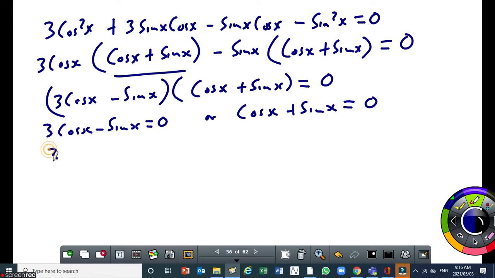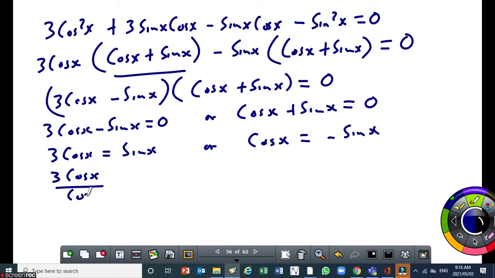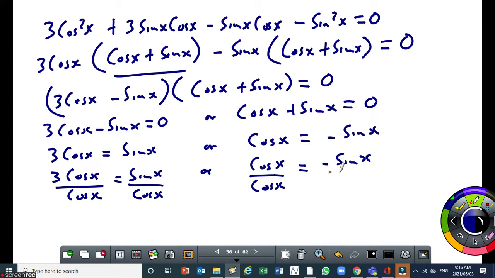So this one here I write as 3 cos x equal to sine x. The second one I'll write as cos x equal to minus sine x. Then if I want to create tan for both equations, I have to divide both sides by cos x. So this becomes 3 cos x over cos x is equal to sine x over cos x. And the other one becomes cos x over cos x is equal to minus sine x over cos x.